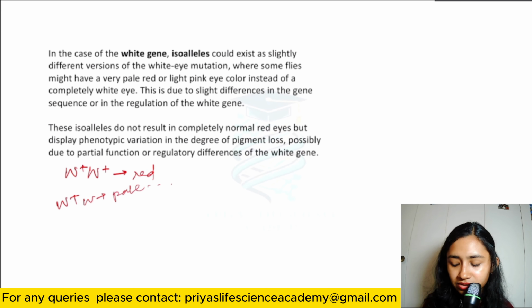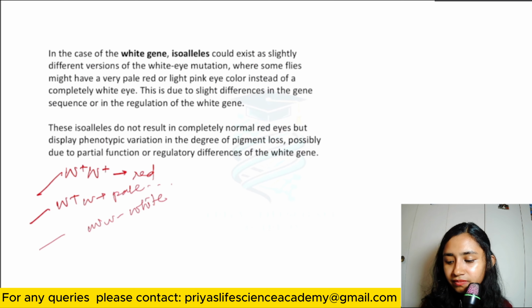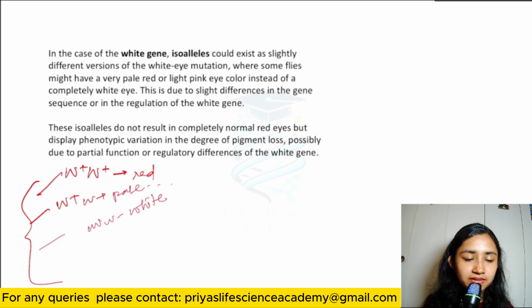There are lots of combinations: small w white. I just gave you two variations. There can be lots of variation in the same gene, so production of lots of types of alleles of the same gene. That is why there are various phenotypes in the eye.